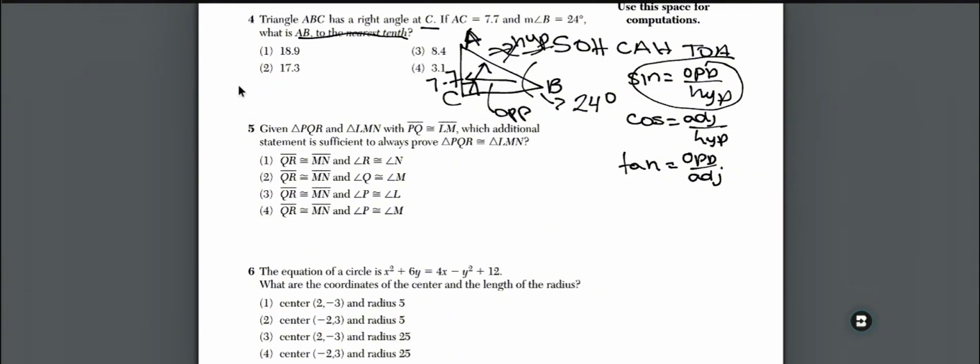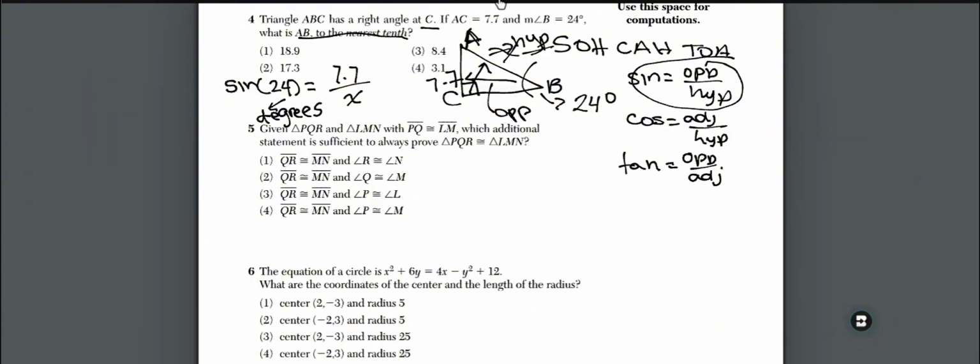So what I'm going to do is sine of 24 degrees. Please remember, it is degrees, and I'm going to show you why. So sine of 24 degrees is equal to my opposite, which is 7.7, over x, which is my hypotenuse.